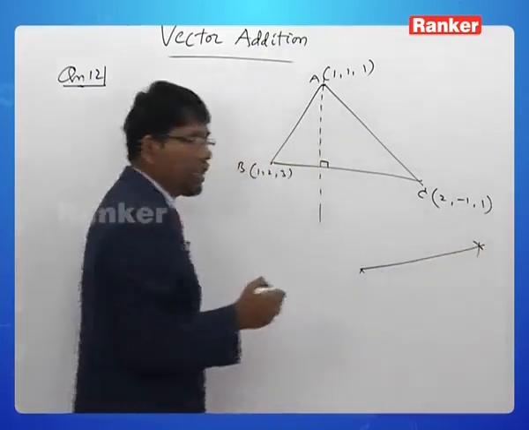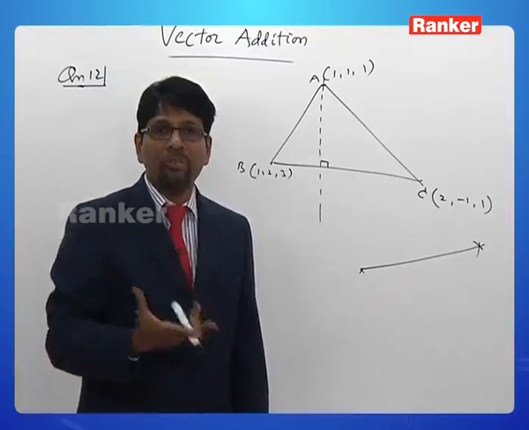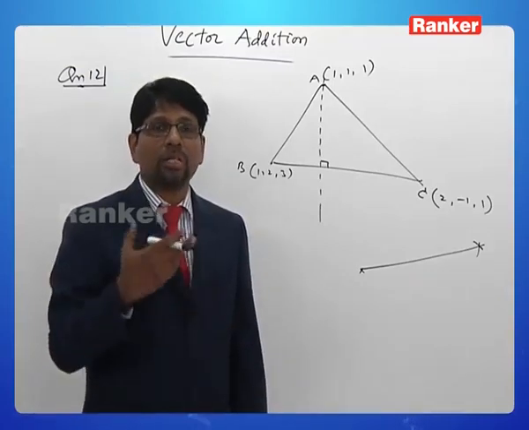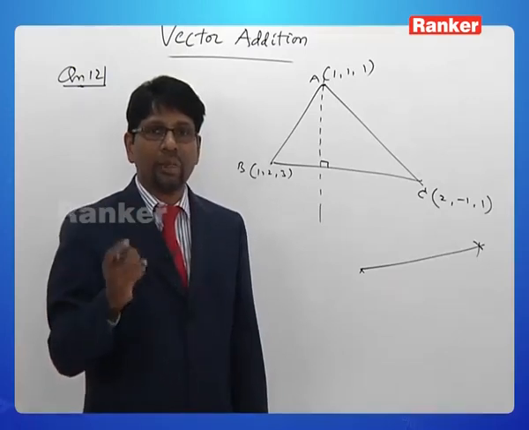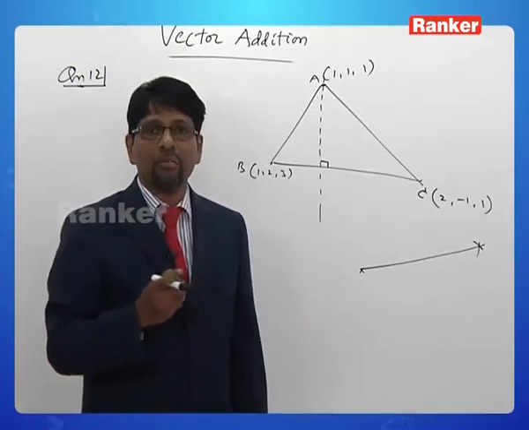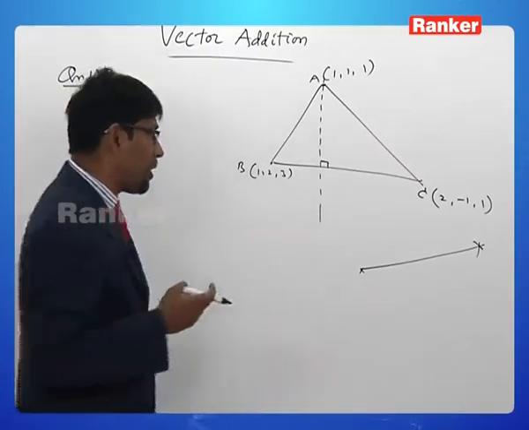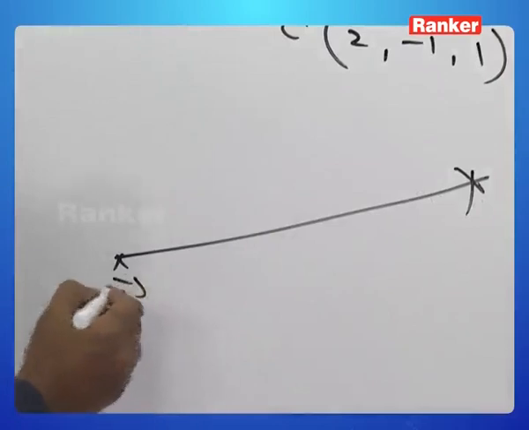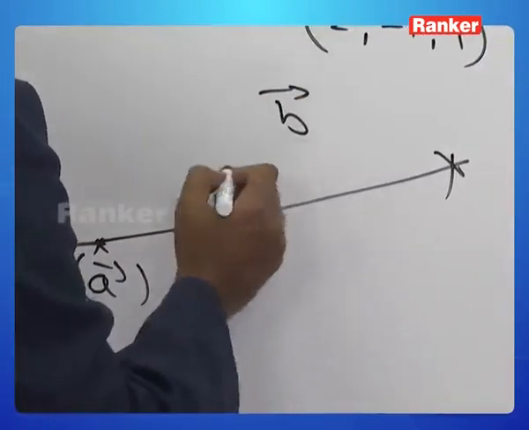How do I write the vector equation of a line? What can fix a line? One point on the line and a vector parallel to the line. So, if one point on the line and a vector parallel to the line are given, then we can write the equation of the line. Let's suppose I am given one point A bar and a vector B bar parallel to the line.